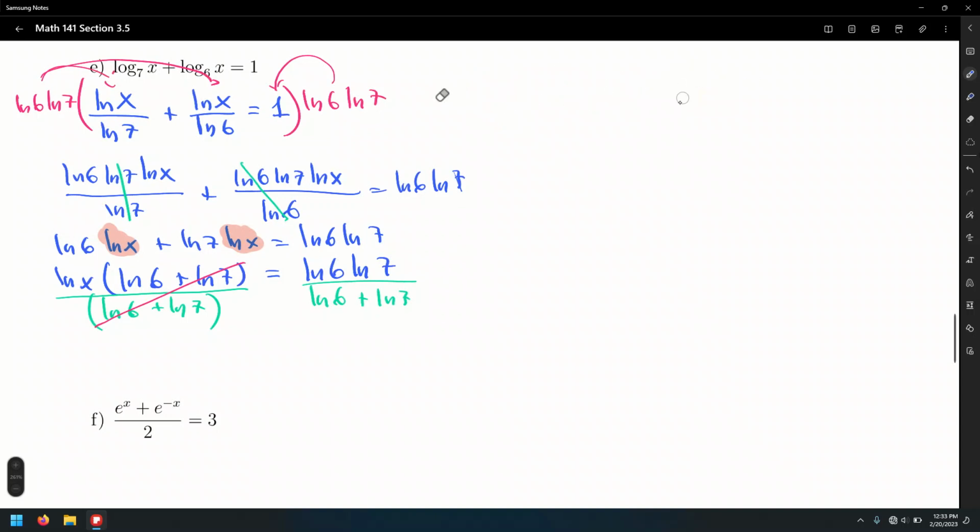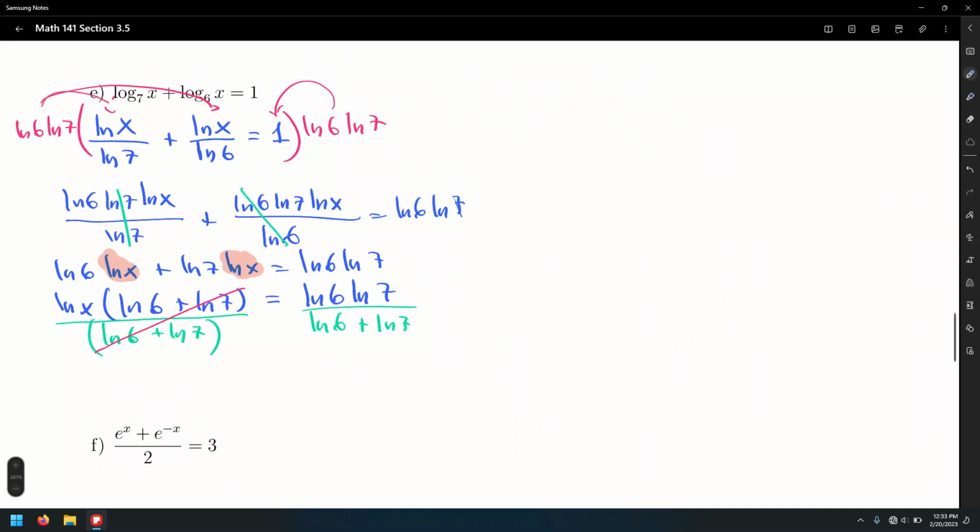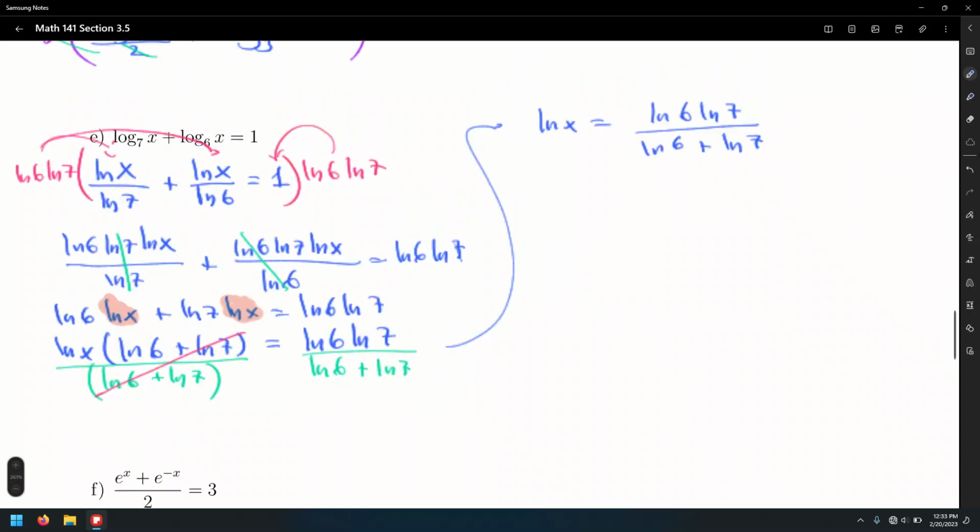That was just the analogy to go about this part. And let me go over here. ln of x equals ln of 6 times ln of 7 divided by the sum ln of 6 plus ln of 7.